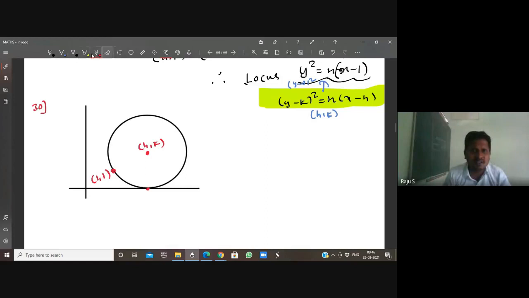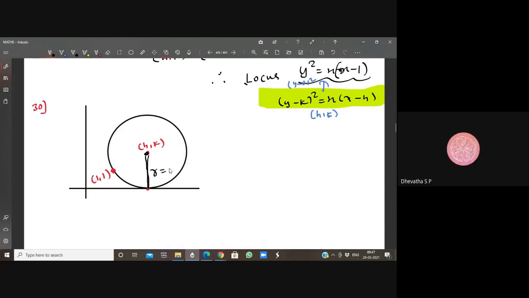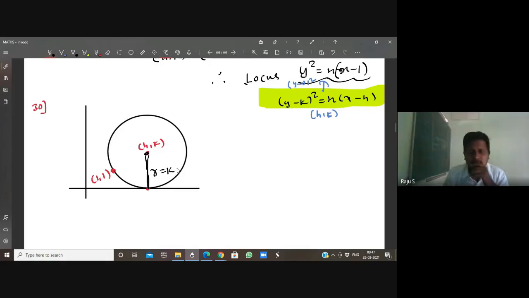Can anyone say what the radius is here, touching the x-axis? What is the r value? K, sir. K.